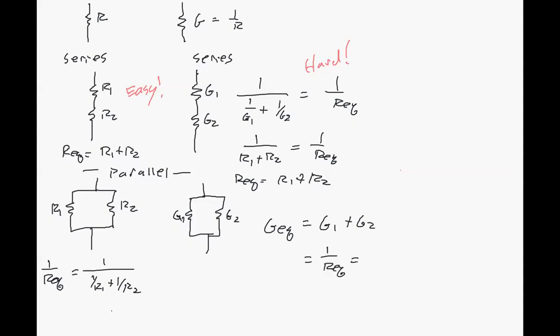And that would be 1 over R1 plus 1 over R2. So the inverse of G equivalent would be R equivalent, which would be 1 over R1 plus 1 over R2.